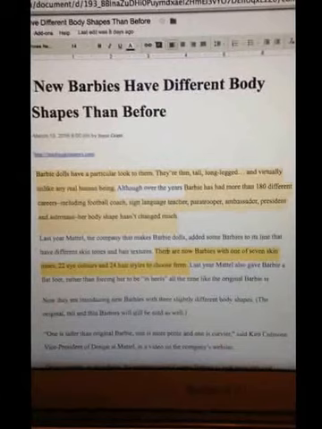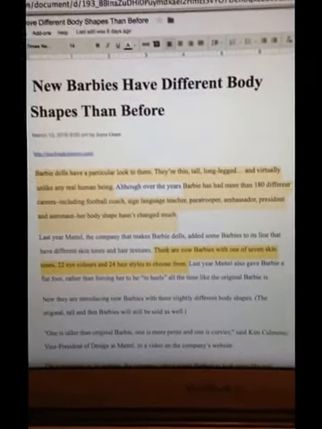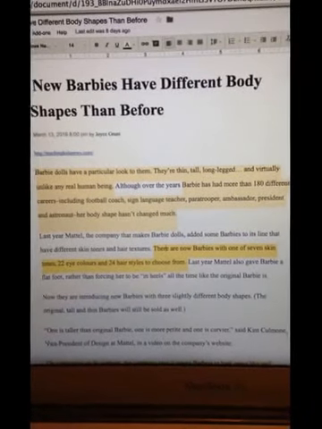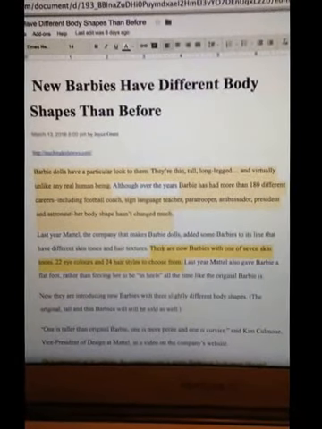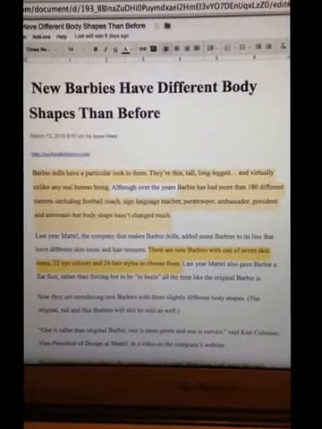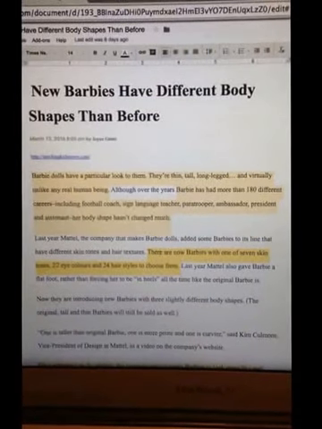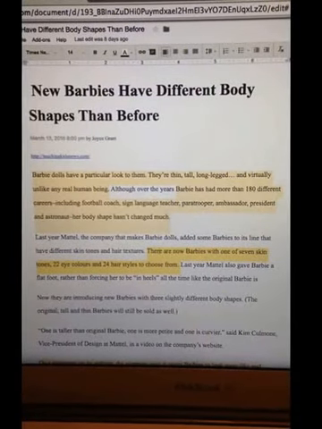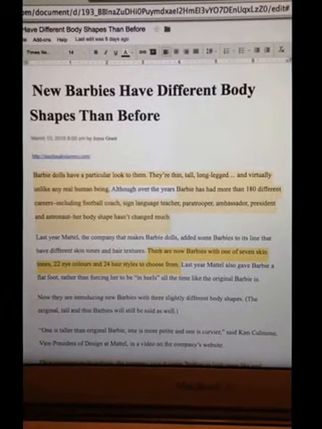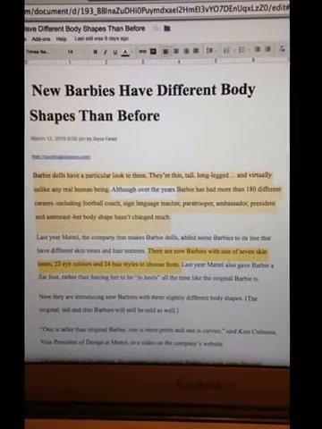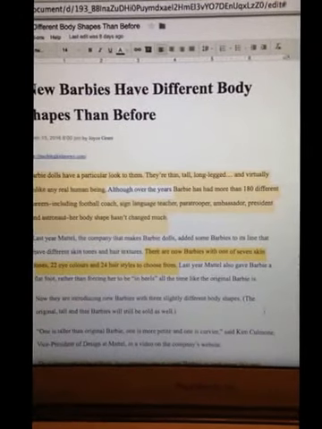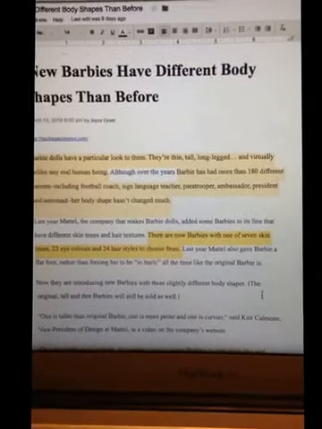I think it makes meaning of the text because the world we live in now, there's many different cultures and different color skins. So Barbie needs to, and Mattel needs to start making Barbies like that as well. Okay, and it comes back to the title, it looks, right? Different body shapes than before, but also different types and more real life, right?